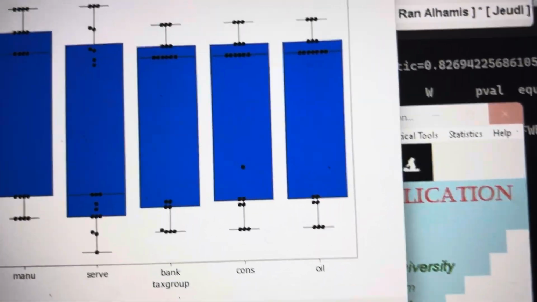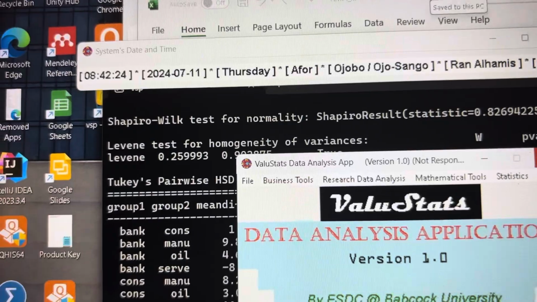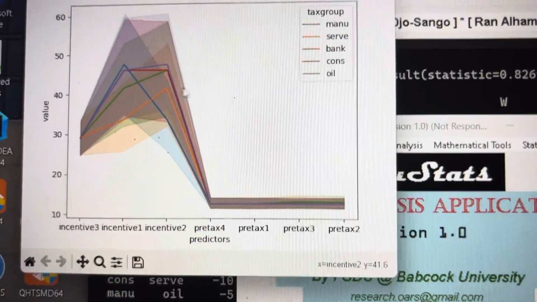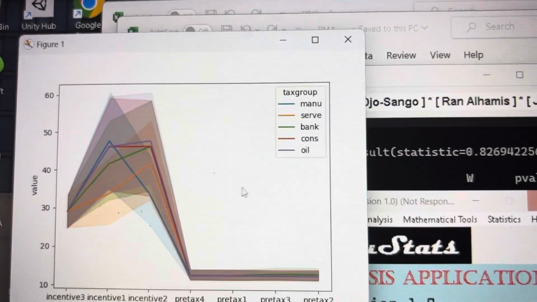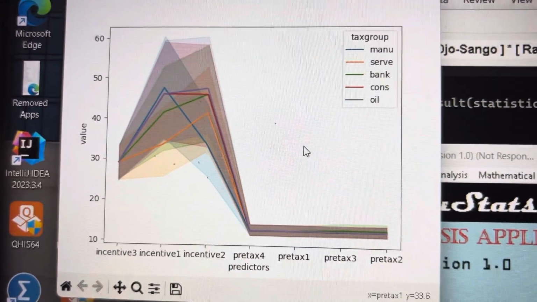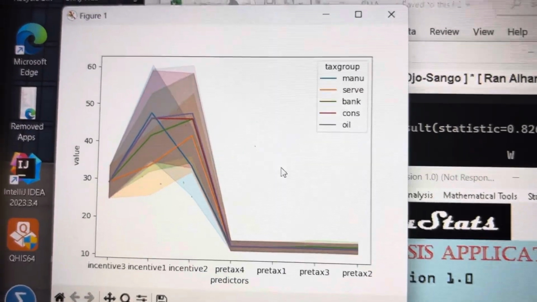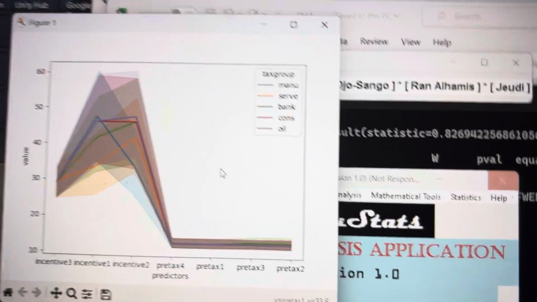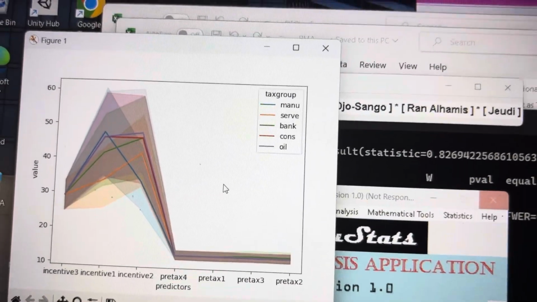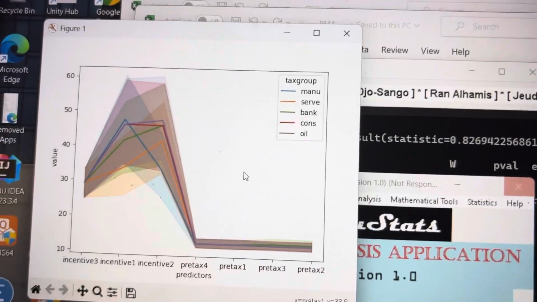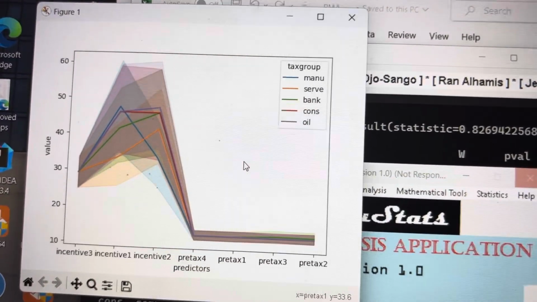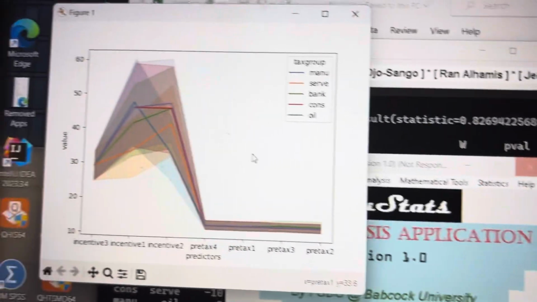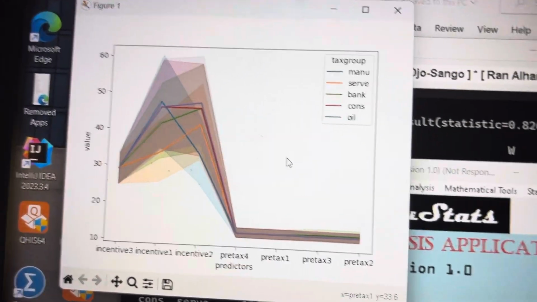And now this is the line graph, this time showing both the incentives as well as the pre-tax campaign. You can see that pre-tax campaign are far lower than the incentives that were granted.